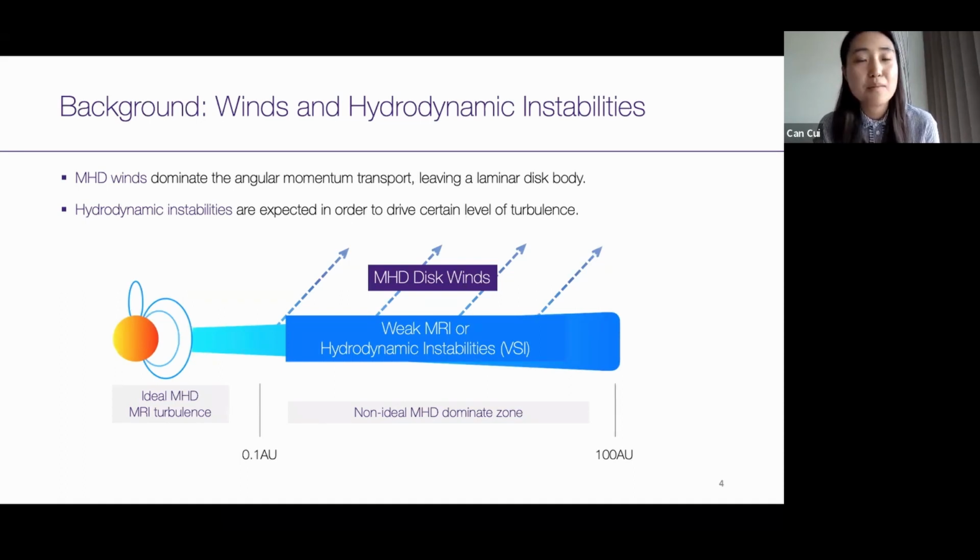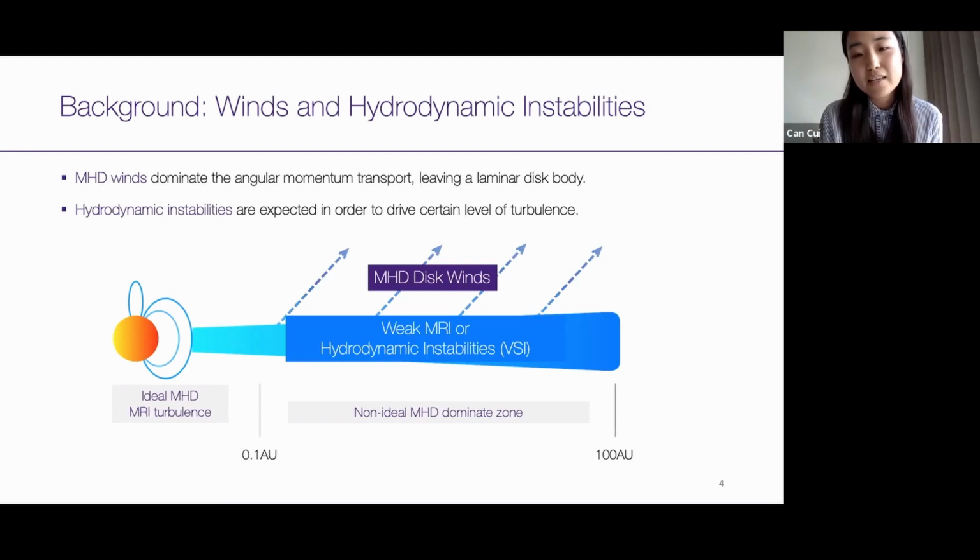But this is a bit problematic because it leaves the main disk body laminar, and we do need some turbulence in the disk to conform to observations. In recent years, hydrodynamic instabilities have been invoked to drive some turbulence in the disk.